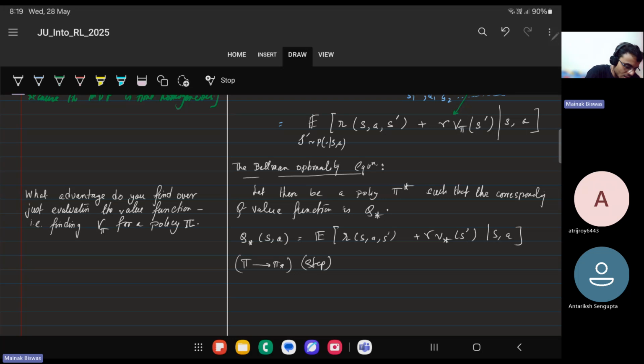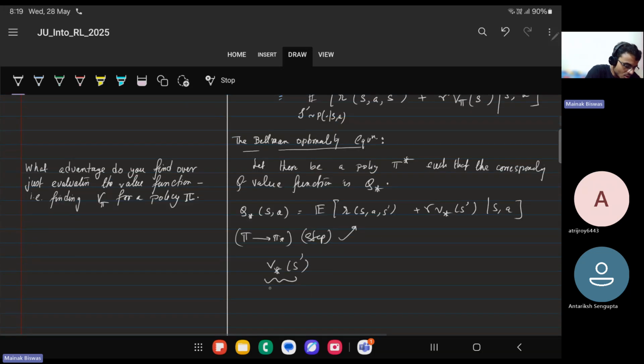And as Antriksh is telling me correctly, V star of S dash means what? This is the optimal value function at state S dash. And that is basically what? This is basically the maximum action, right?